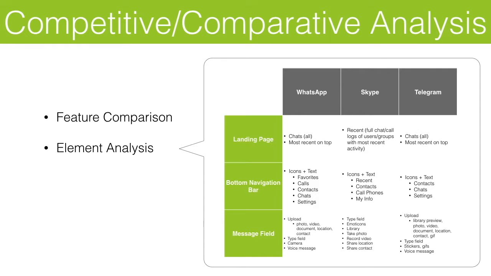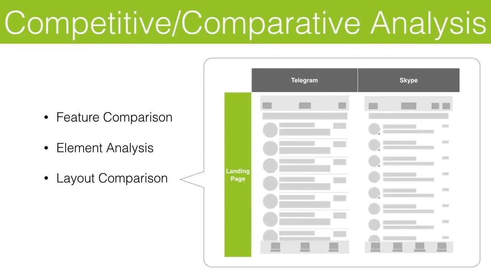Yep. So other than element analysis, we've also got layout comparison, which is looking at the wireframes. You could basically just take a look really simply at two different interfaces, and so you can see Telegram and Skype look really similar because they both do the exact same thing essentially. Well, not really, but they do very much the same thing in terms of communicating with people.